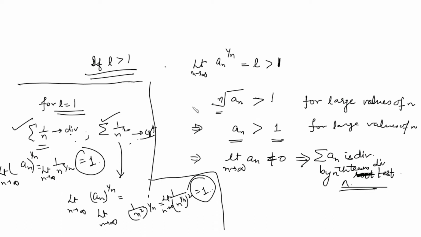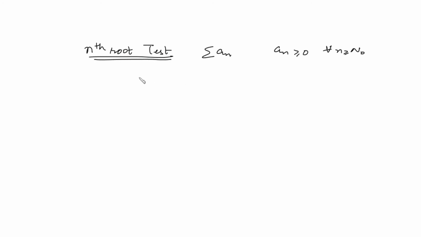So in that case we have to apply some other test. So this is our nth root test. Once again, see what this nth root test says: you have a series with positive terms, right?